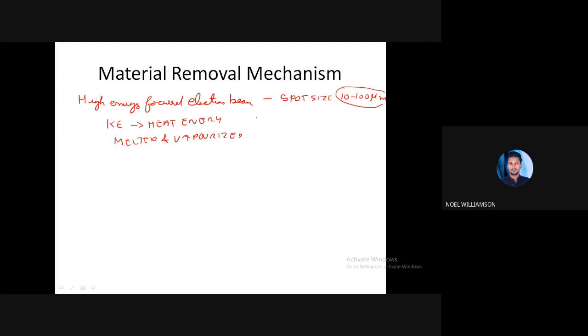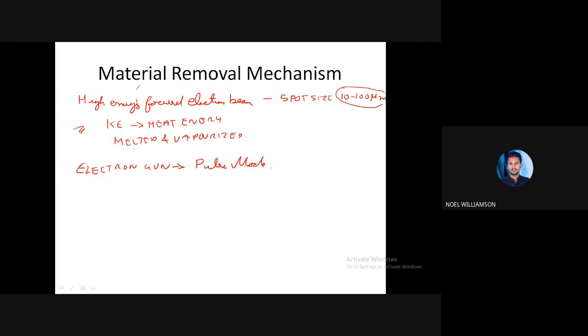Now, in any EBM machining, the electron gun is operated in a pulse mode.